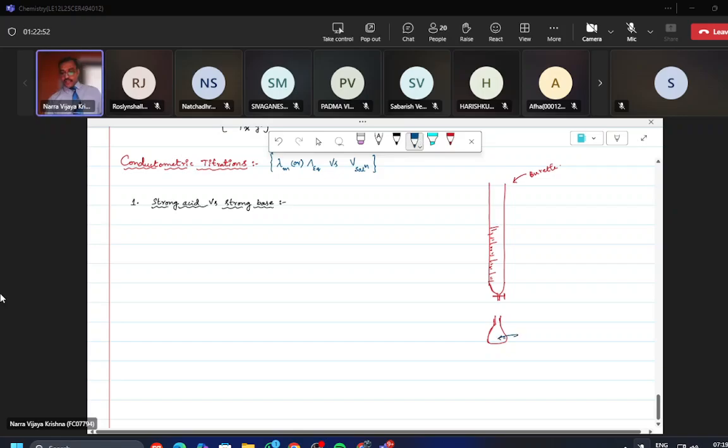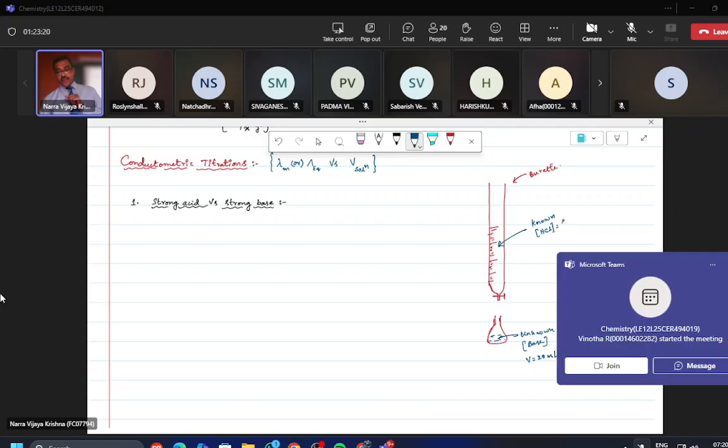So here you will take some unknown base, concentration unknown, but volume 20 ml. By using a pipette, we will take 20 ml of that solution in that conical flask. And assume this is known concentration HCl. Let it be 1 molar.